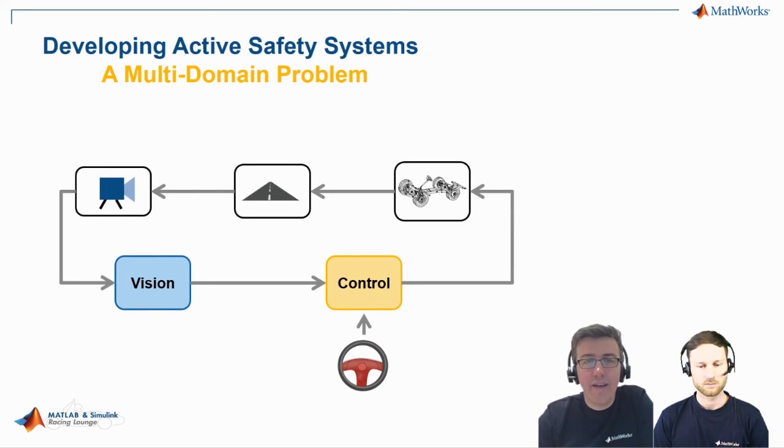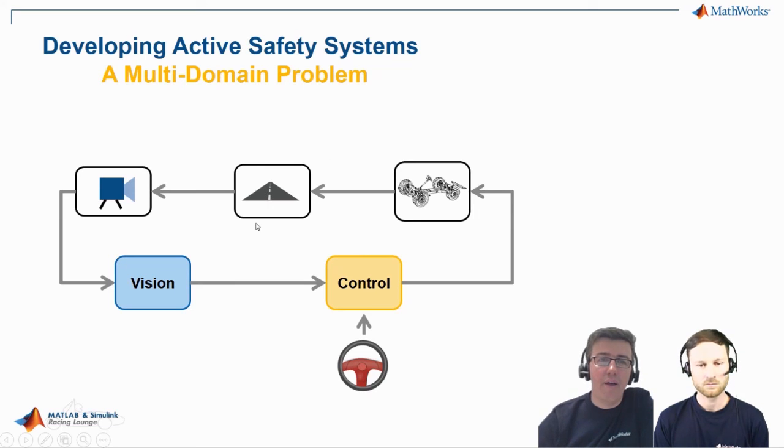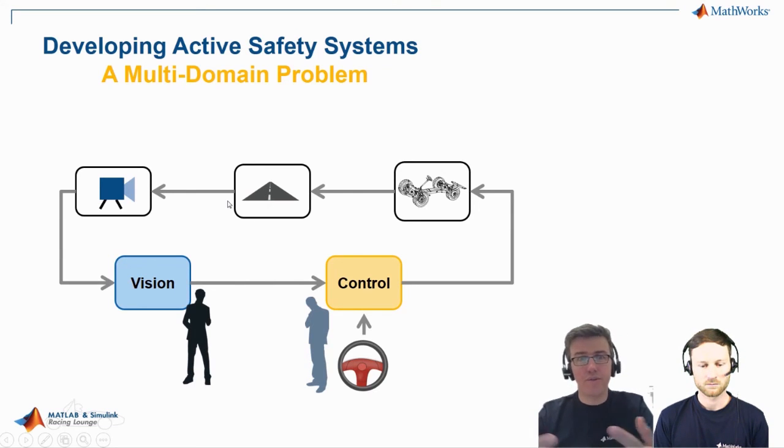So let's take as an example of an active safety system a lane keeping system, in which we have a part of the algorithm focused on image processing and another part focused on the control algorithm. Normally you have two kinds of engineers in the industry, and I also believe in the Formula Student teams, working on this algorithm.